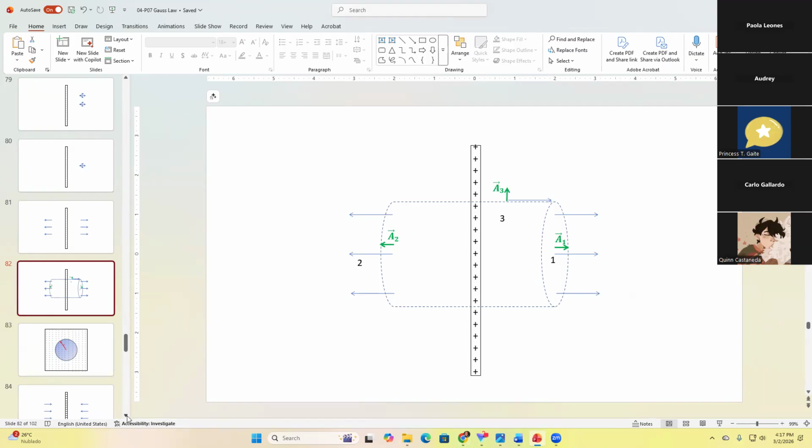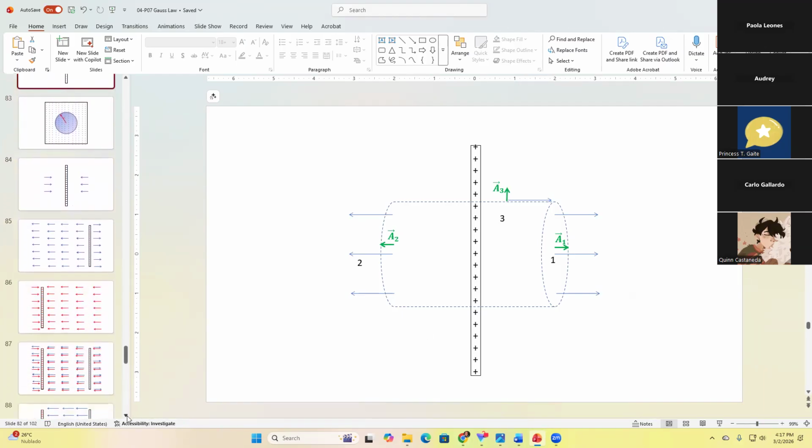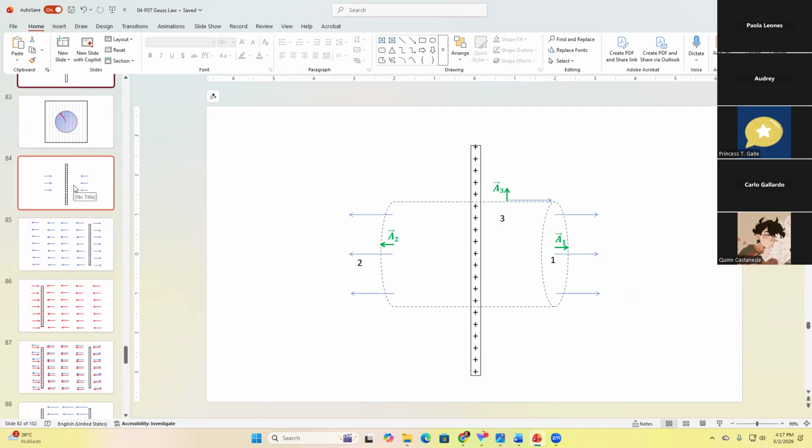And now we can do the same thing for the negative charge. The step by step is going to be exactly the same. The only difference is that the fields are going to point towards the plate, right? Let's write that down.